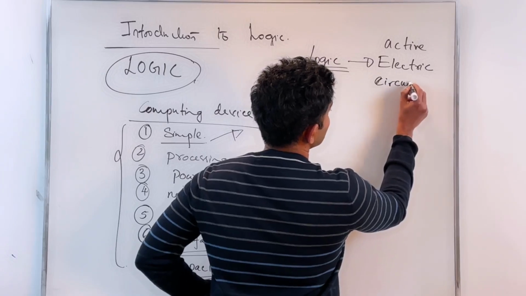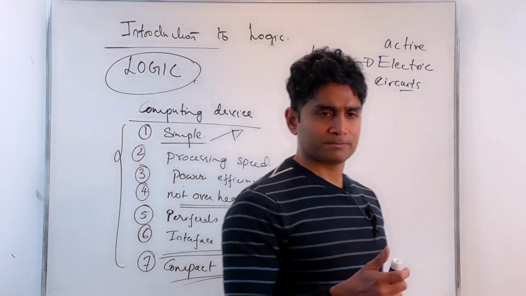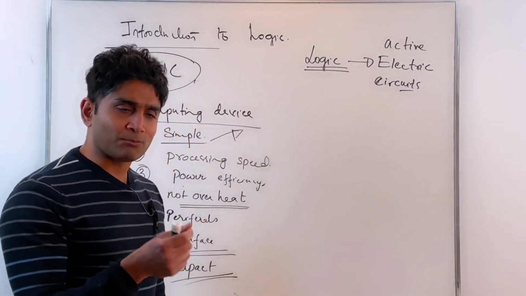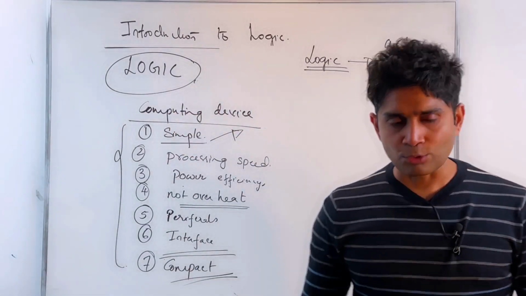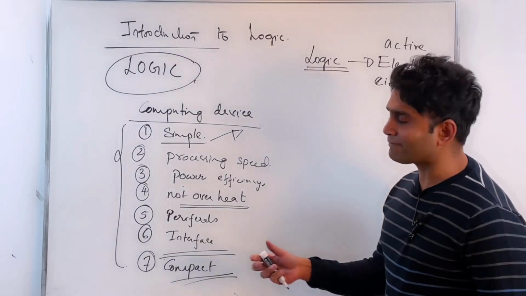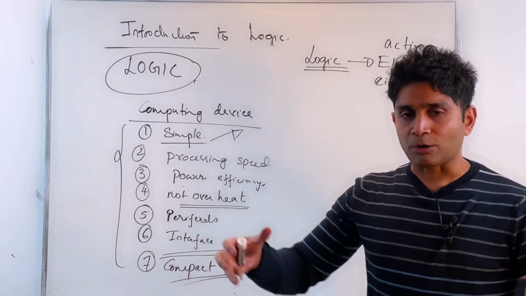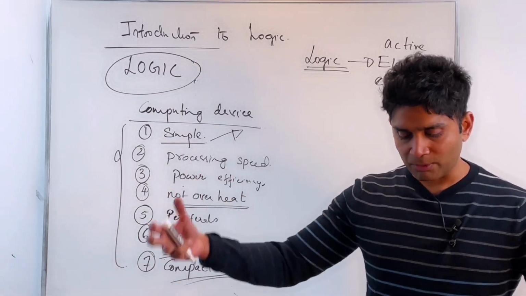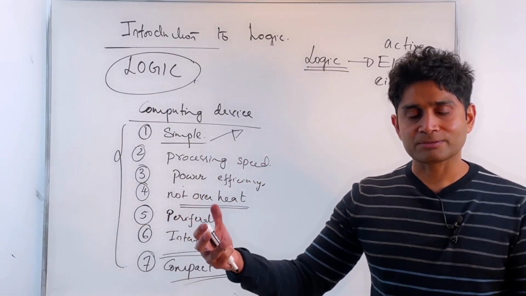What it means is, for these logical devices to work, I need to supply power to them. I need to apply a voltage. So if I have a lot of these devices, I should be applying a lot more power, right? So the power consumption increases as the number of devices increases in your design.